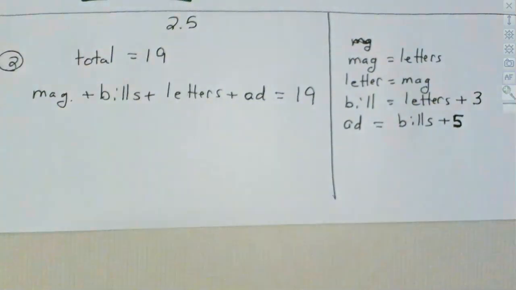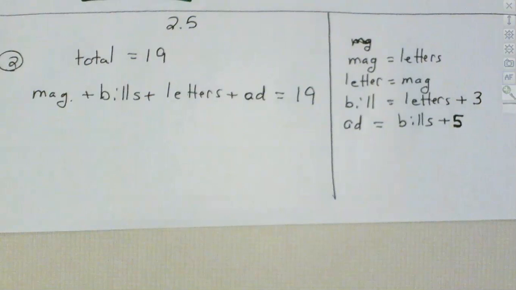Okay, is everyone kind of okay with how I got this set up? So we know that letters and the magazines are the same, so that's why they're going to equal each other. We've got 4 parts here. Bills, letters, magazines, ads. 4 different pieces. This is a kind of complicated one. Let's write it up twice so we can see all 4.